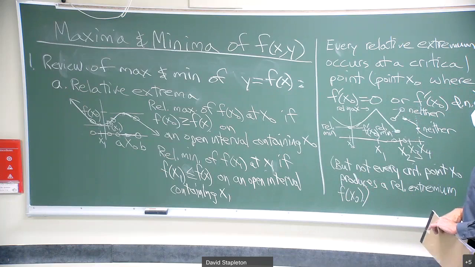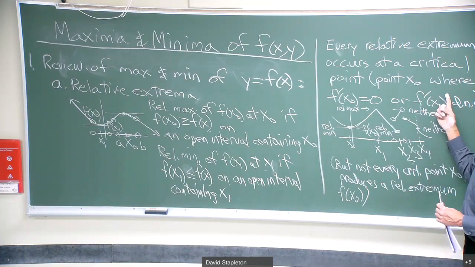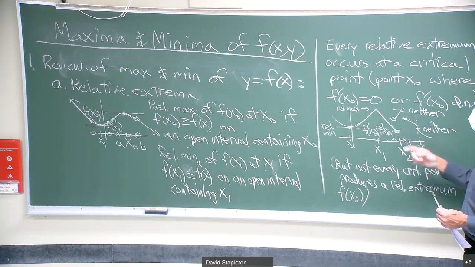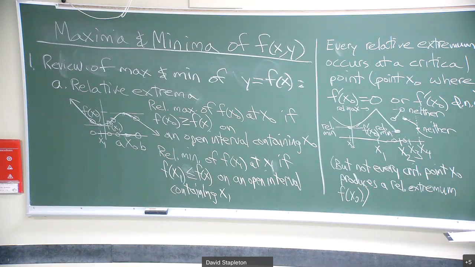That's what we did. And so we say that looking at a critical point is a necessary condition for an extremum, right? Critical point's a necessary condition, but it's not sufficient. It doesn't guarantee that there is an extremum there. It just narrows down your choice.